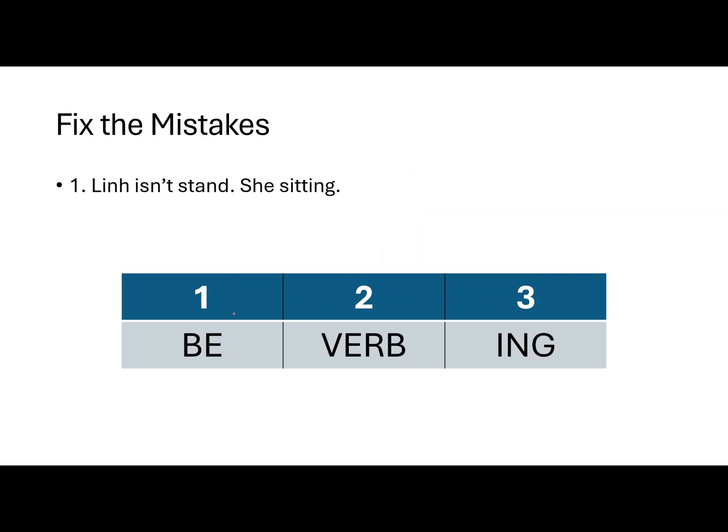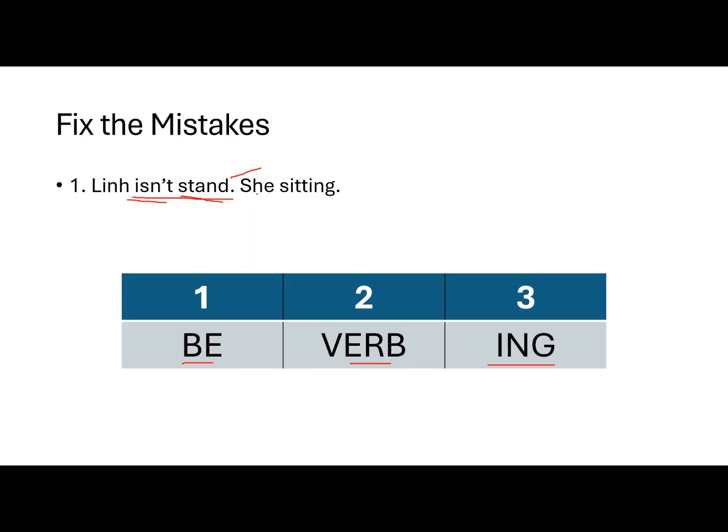Let's do an activity with fixing the mistakes. I have these 2 sentences. Can you fix the mistakes? Lynn isn't stand, she's sitting. So here you see isn't stand. And I know for present progressive, I need be, verb, and ing. I have the be, isn't. I have the verb stand, but I need the ing. So here I should have ing. Lynn isn't standing.